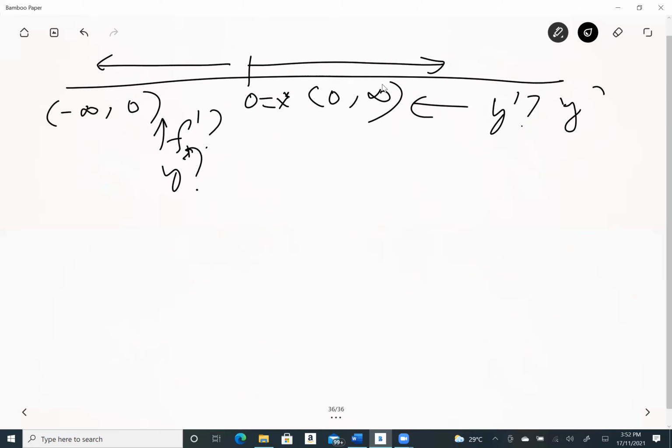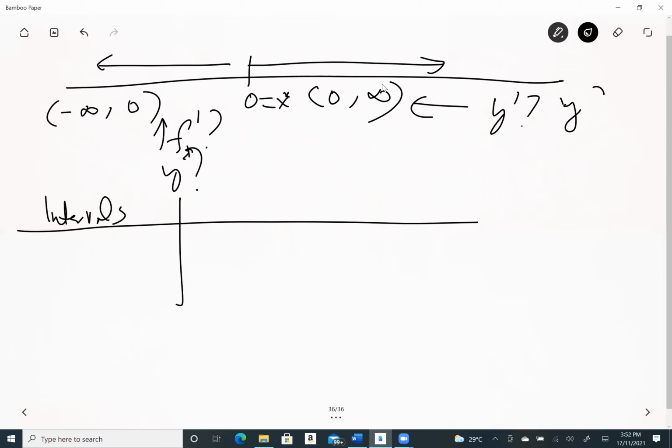To make it more systematic, you make a table. We know how to do the table. So you set y prime and y. First interval, negative infinity to 0. Second interval, 0 to infinity.